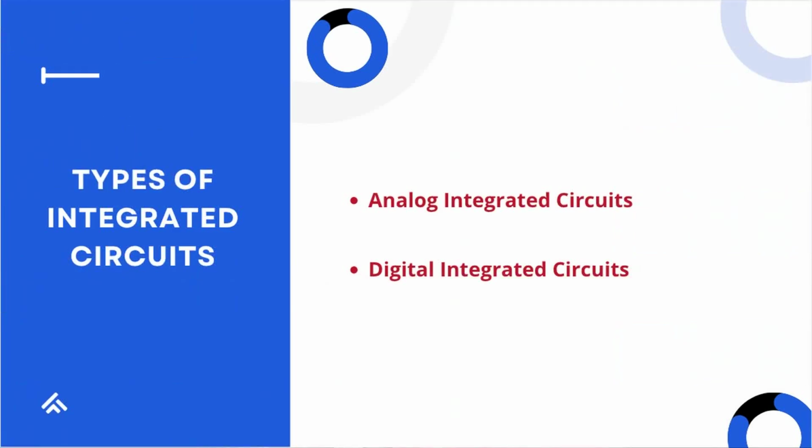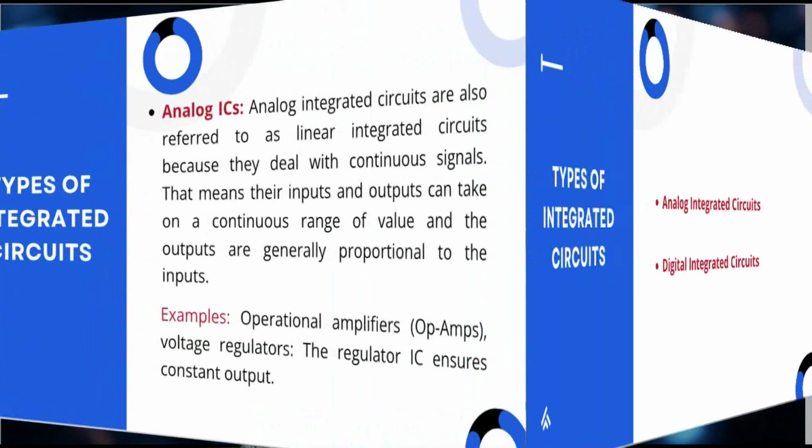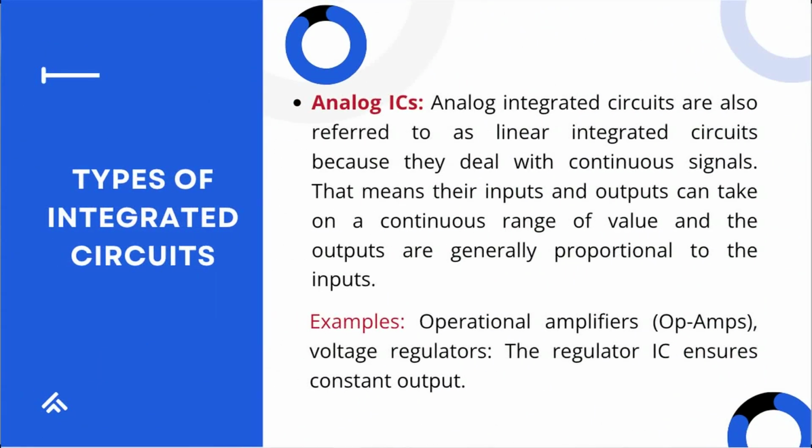So dear learners, now let us move to the next topic, that is the types of integrated circuits. ICs are of two types based on their method of construction. First is the analog ICs and then the digital ICs. Analog ICs are also referred to as linear integrated circuits because they deal with continuous signals.